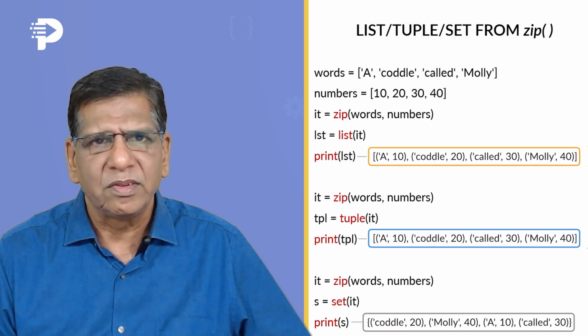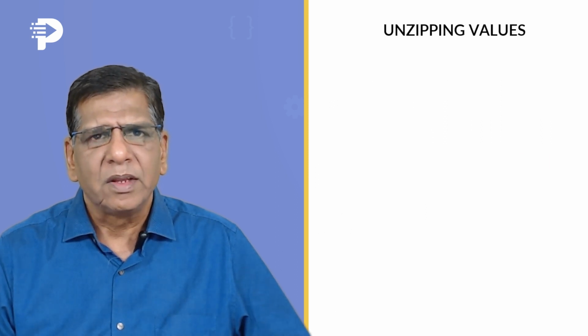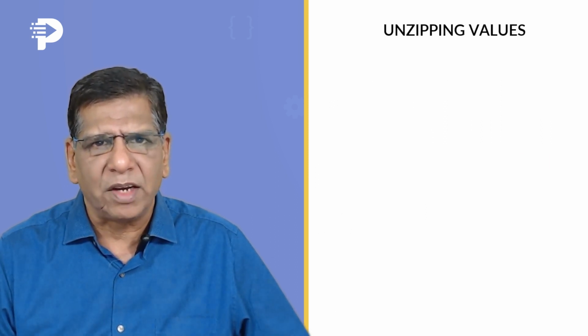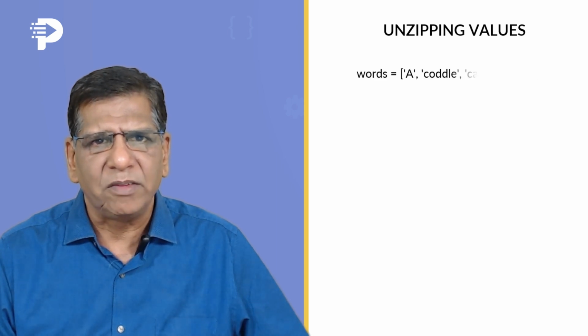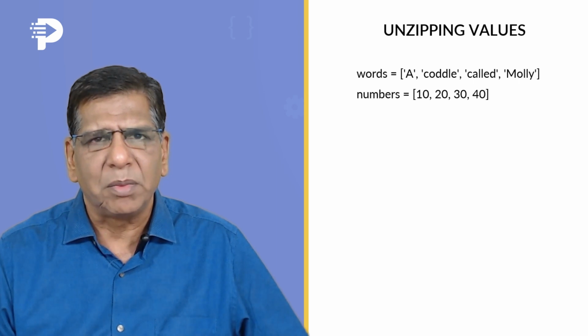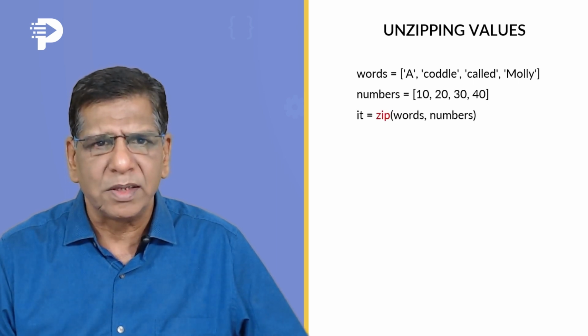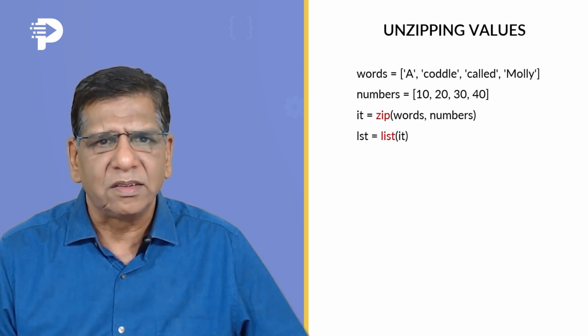Good enough? Okay. Now let's see how we can unzip the values. For example, we take the same two lists, words and numbers, zip them up, get an iterator of tuples, and then convert it into a list, and then w comma n equal to zip star lst.